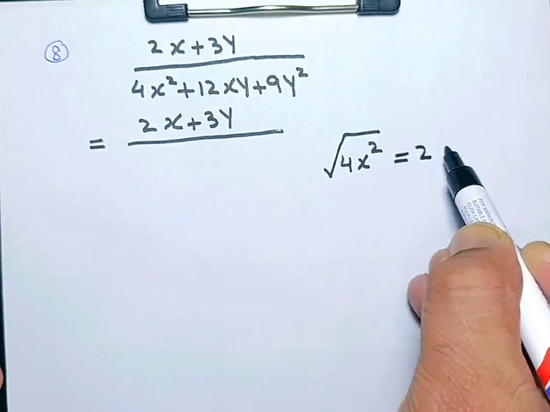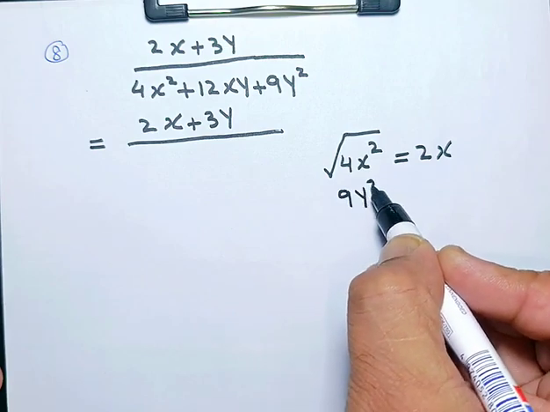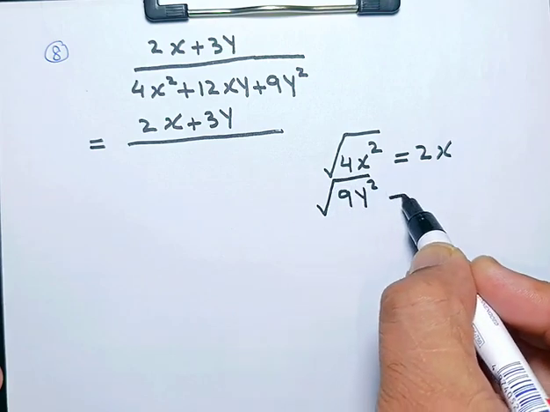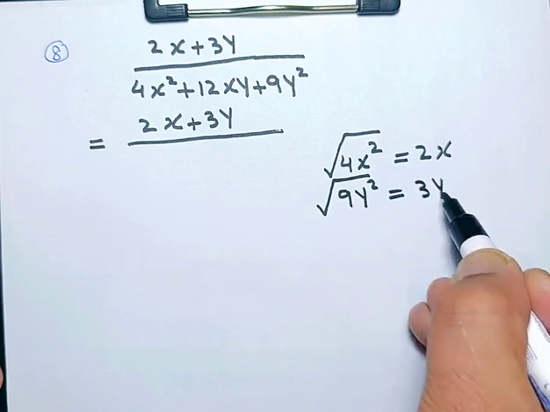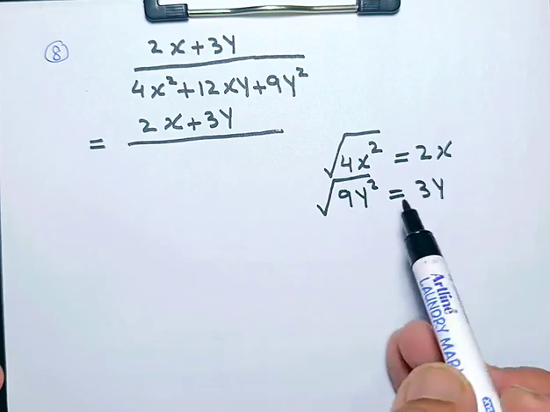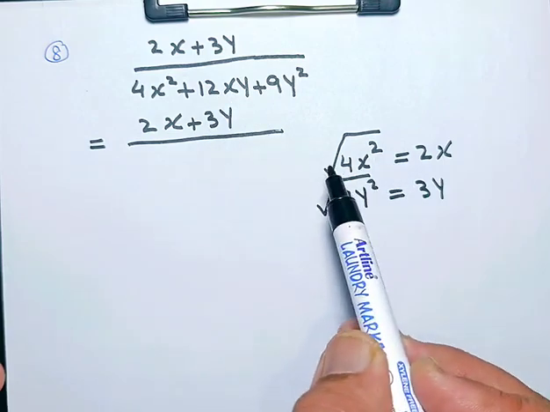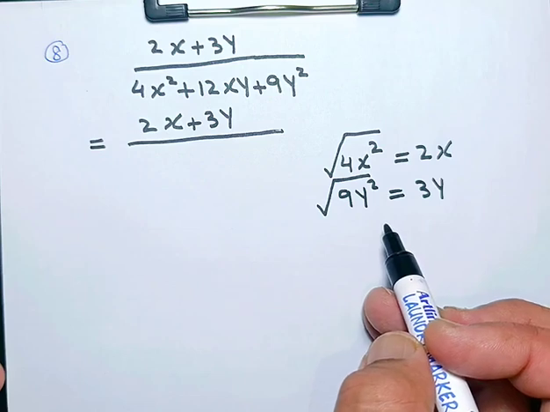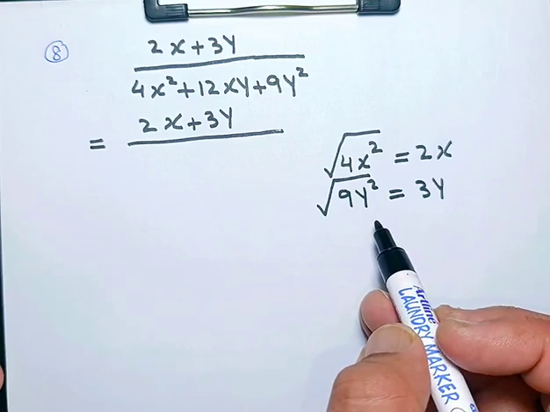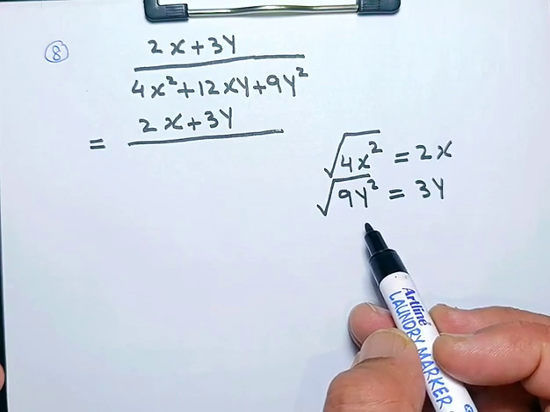The answer will be 2x. And 9y squared, I'll take the root. The answer is going to be 3y. Now I have to times by 2 and see if the answer is exactly like the 12xy. Then I can see this is a perfect square trinomial. Otherwise, I have to factorize a simple trinomial.